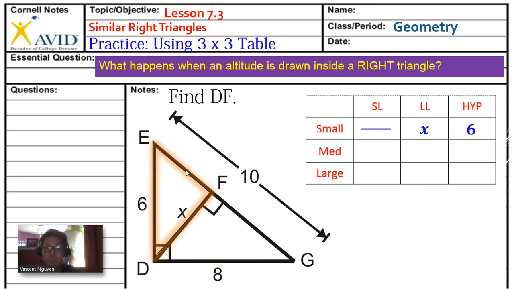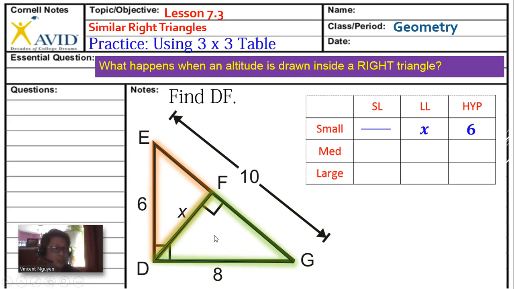Now shift your focus to the medium right triangle, which is the one on the other side. The medium triangle has a short leg of x, which is the altitude, because the long leg is the long piece of the hypotenuse of the big triangle, right? So long leg, long piece, short leg, short piece, okay? The short leg of this medium triangle is actually the altitude, which is x, and then the hypotenuse is 8.